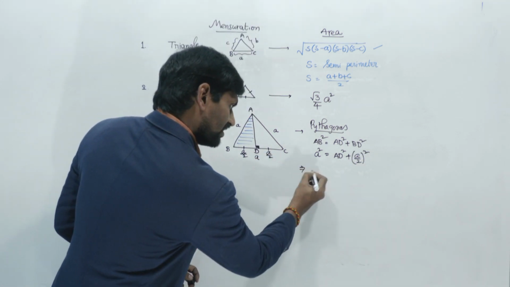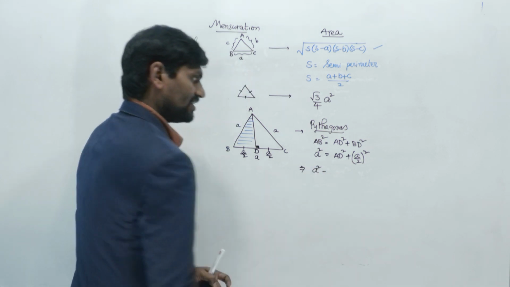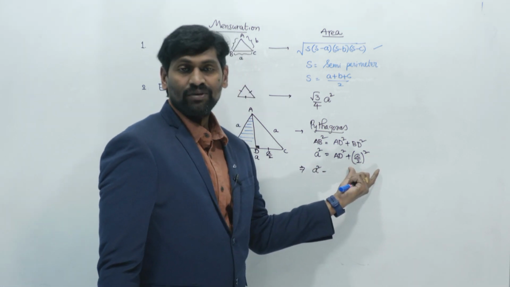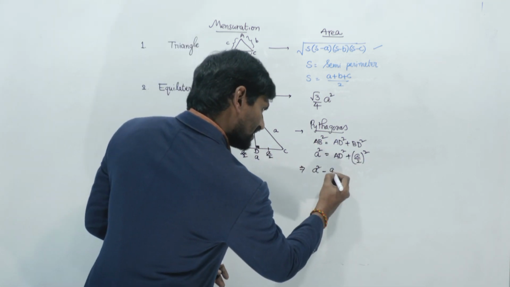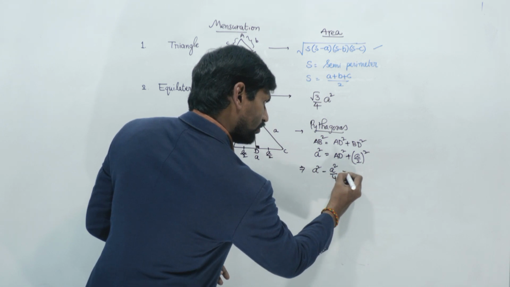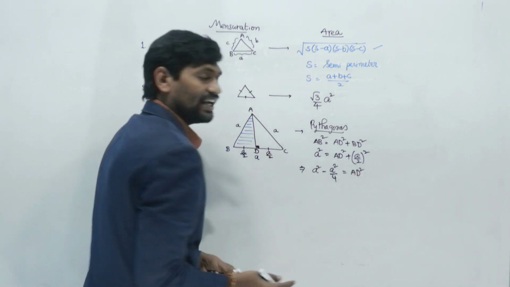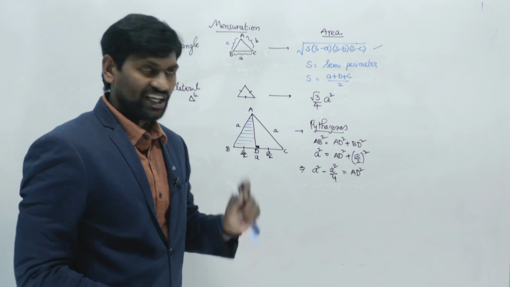That implies a square minus, transposing the a by 2 whole square to the left-hand side, it will be minus a by 2 whole square, that is a square by 4, equals AD square. Here AD means the altitude of the triangle.